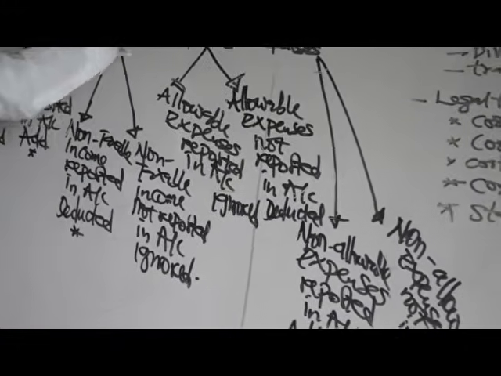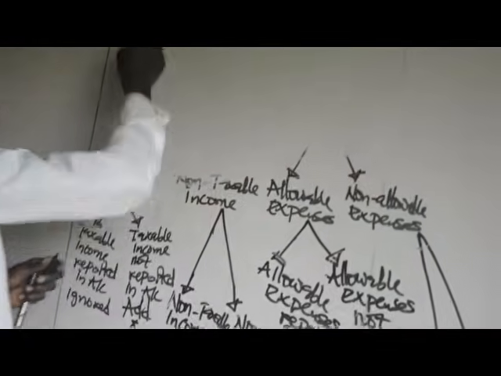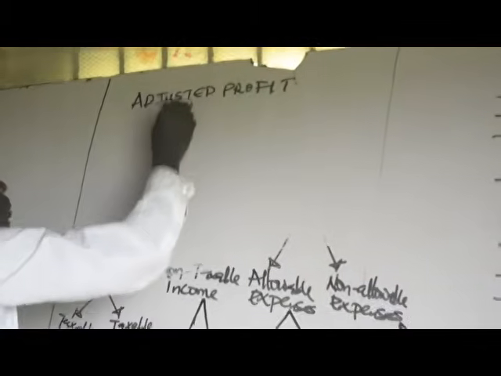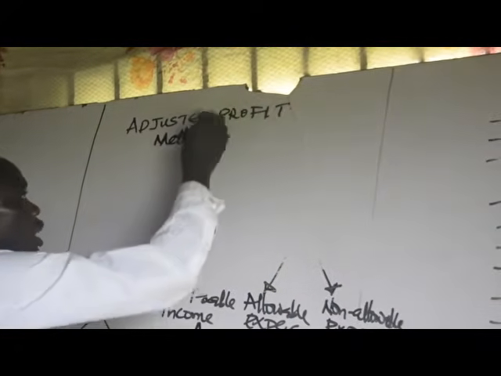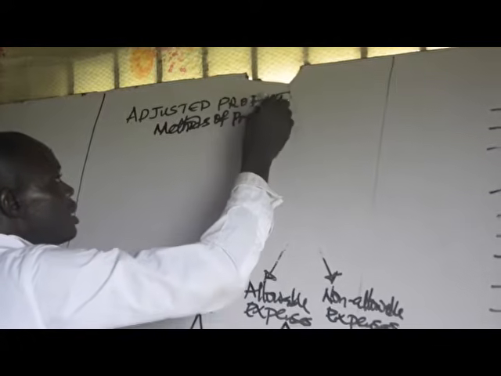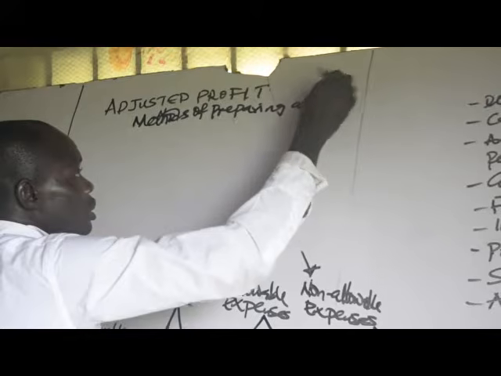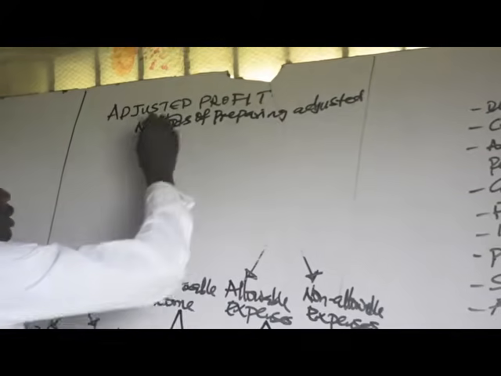So, methods of preparing adjusted profit or taxable profit. There are two methods of preparing the adjusted profit.